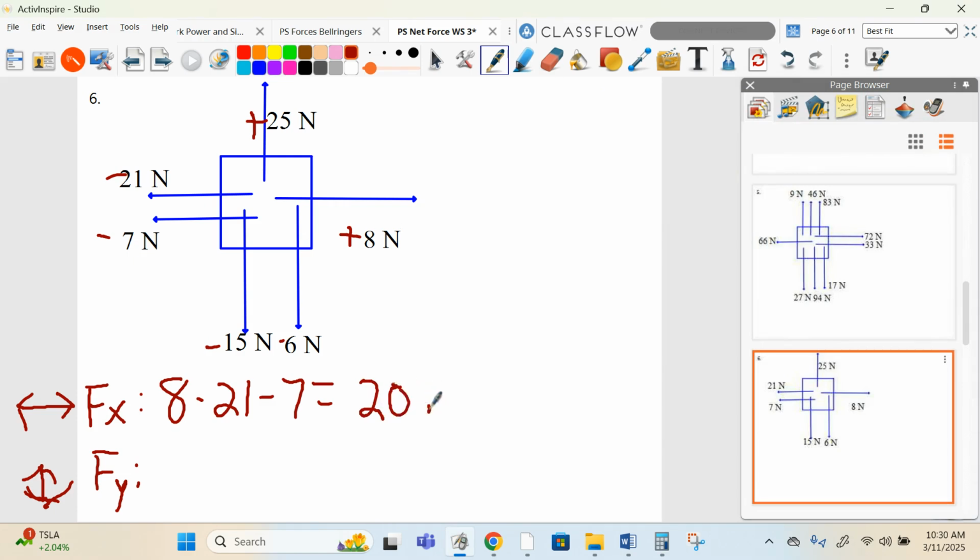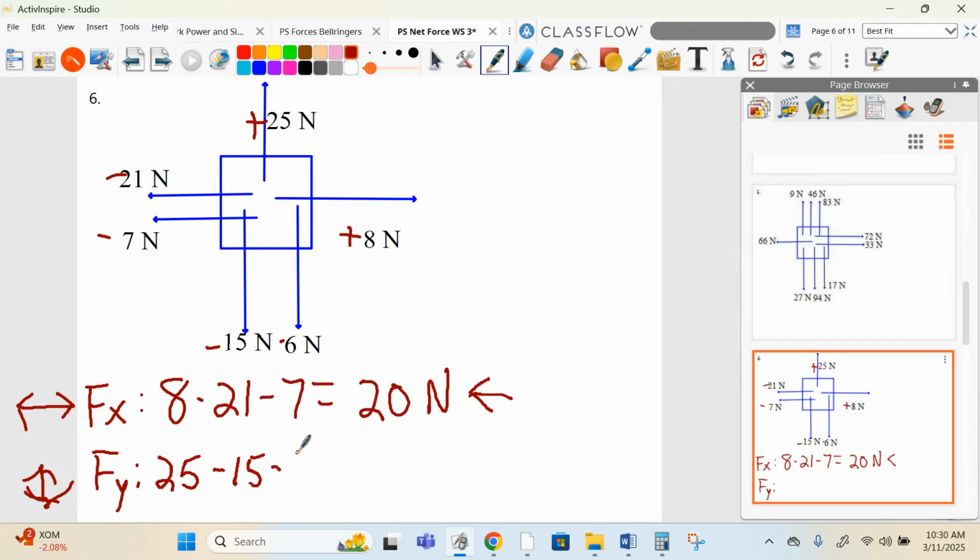What the negative sign tells me is the fact that I went left, that it is going this way. If I end with a positive number, then my vector would be right. But since I ended with a negative, my value should be negative 20. As I look at the vertical, 25 is positive, so I don't put a negative sign in front of it.